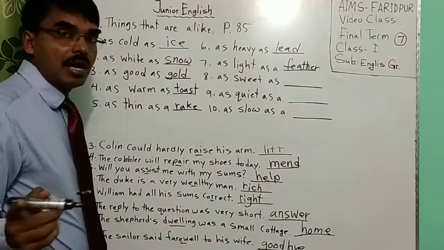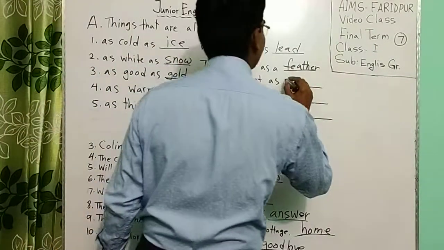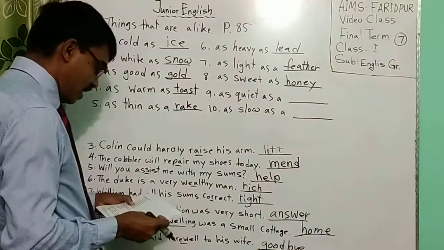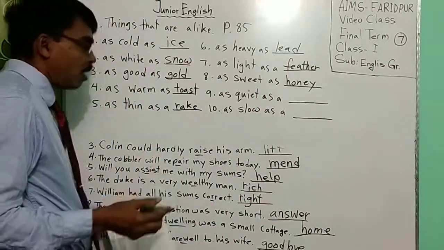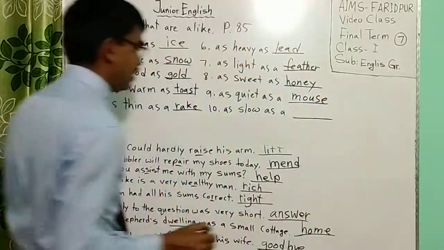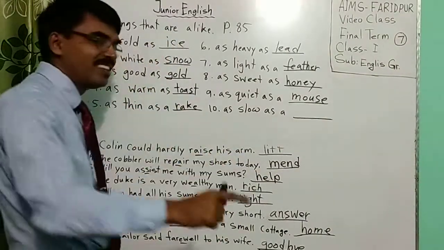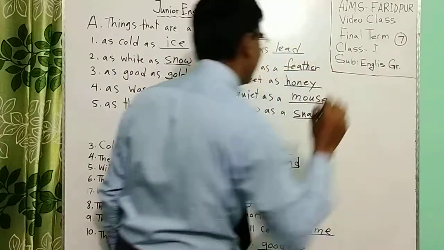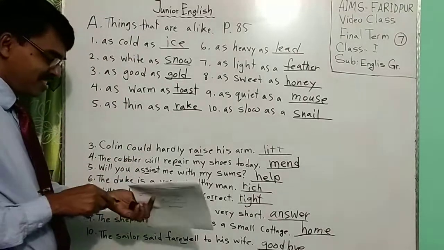Then as sweet as what? Honey. As sweet as honey. Then as white as a mouse. Then last, number 10, as slow as a snail. Snail. So don't be lazy or slow as a snail.